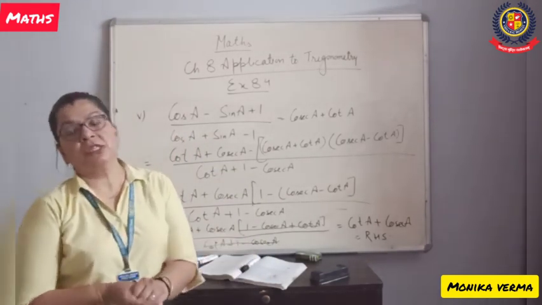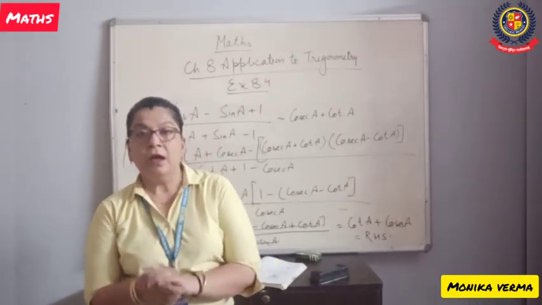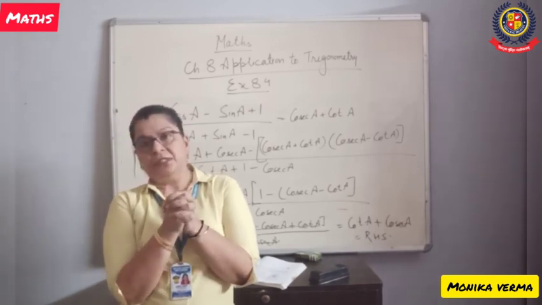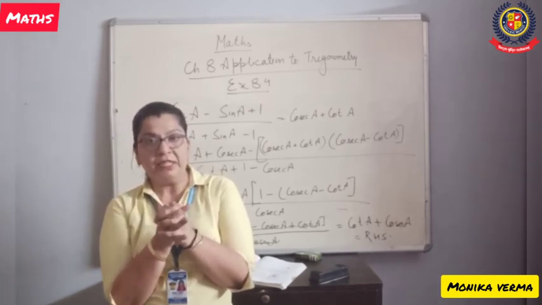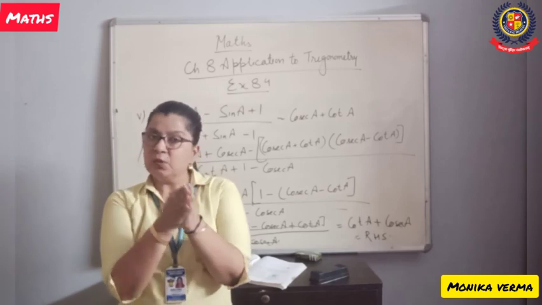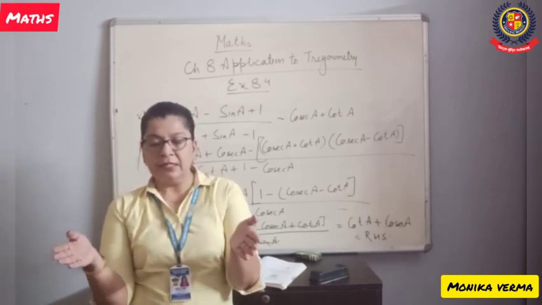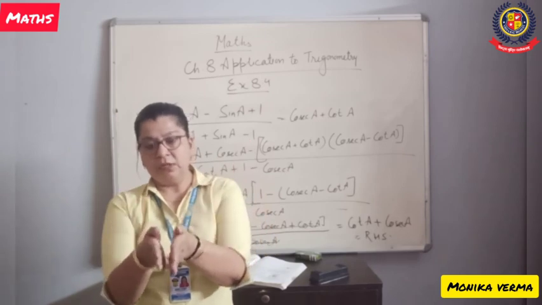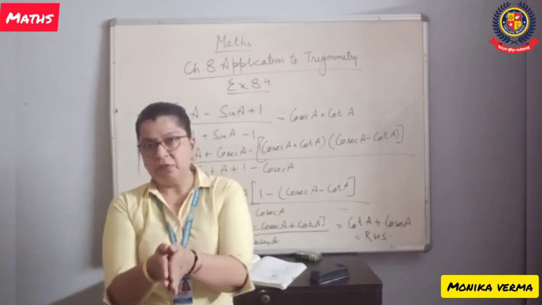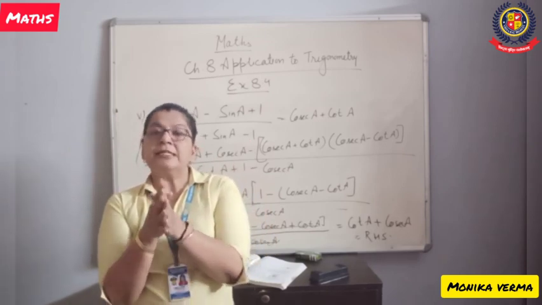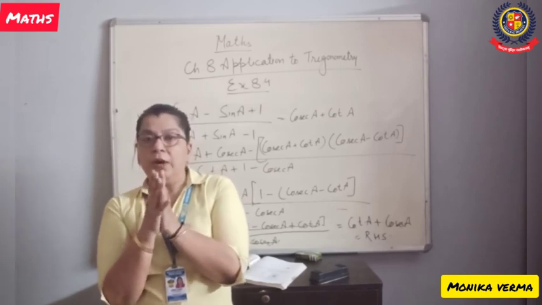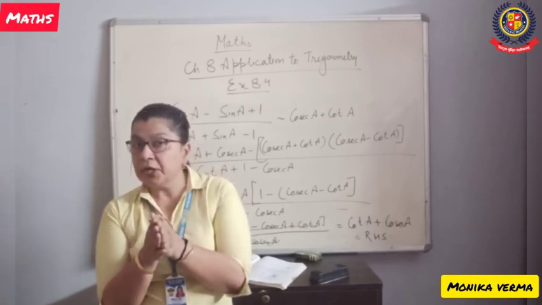In these questions, we have to see how to reach the destination. I told you we are having 3 ways. One, LHS to RHS. Second, RHS to LHS. Third one is we solve both RHS and LHS and reach one place. Sometimes we get confused about what to do. No problem, no need to be afraid.